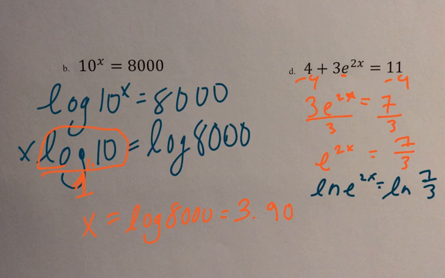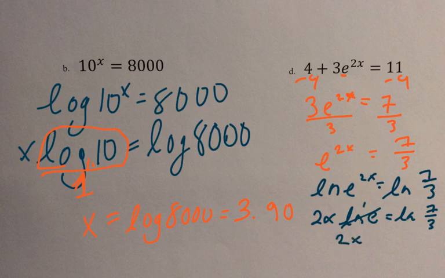The power rule tells us that that's the same thing as 2x natural log of e equals natural log of 7/3. Now, the natural log of e is just like in the previous problem. It's the same thing as 1. So that goes away and we're left with 2x equals the natural log of 7/3.